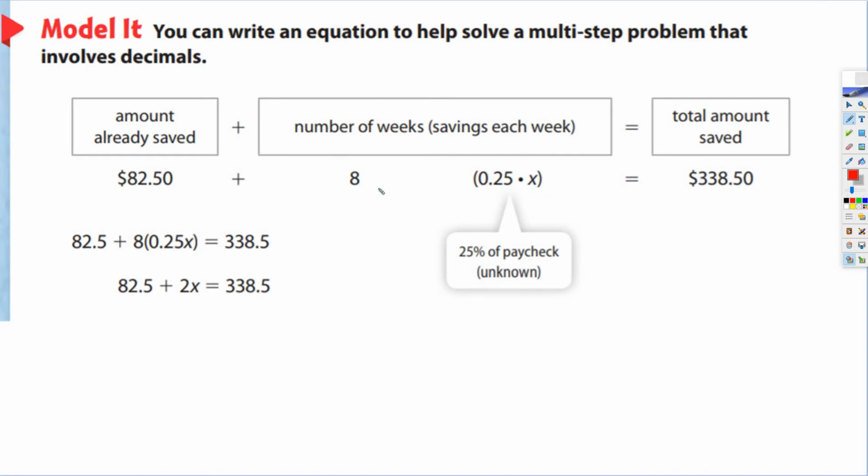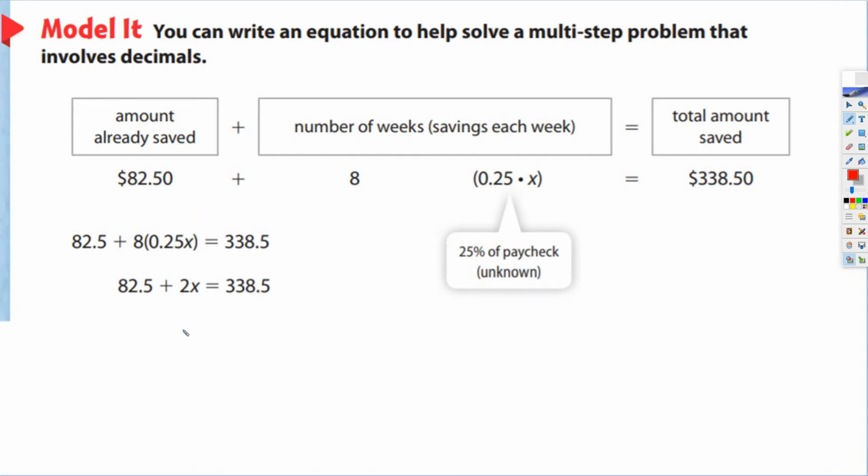So now we created the equation. We combined all this, we get 82.5, which is the same as $82.50, plus 8 times 0.25 times the amount of money she gets each week. Okay, and her total right now is $338.50.